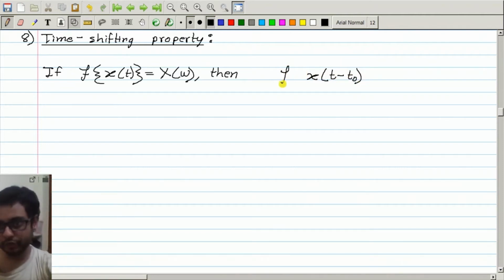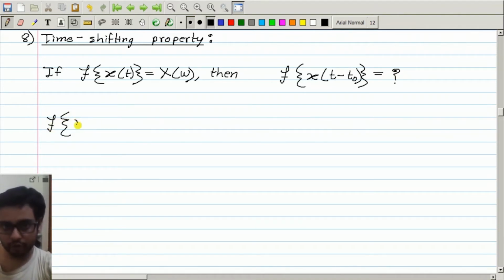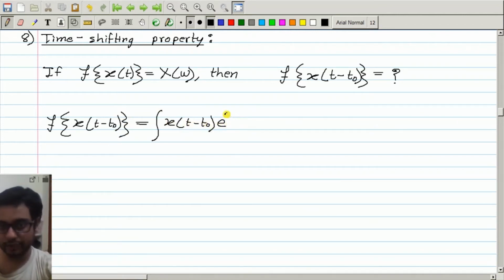Then what will be the Fourier transform of this signal? Let us find this out. Okay, the Fourier transform of x of t minus t naught is by definition equal to integration of x of t minus t naught e to the power minus j omega t dt, t running from minus infinity to plus infinity.